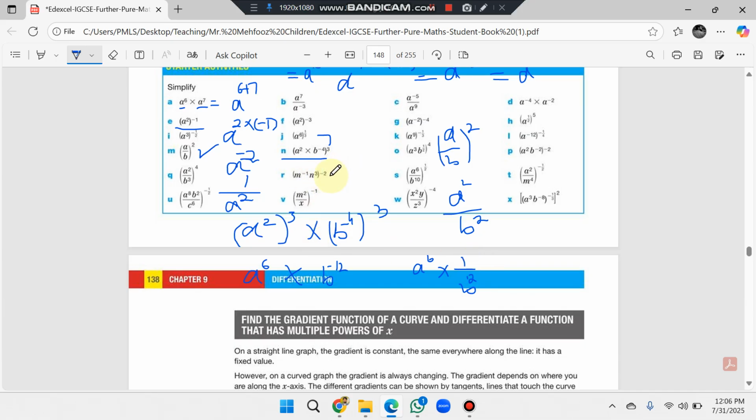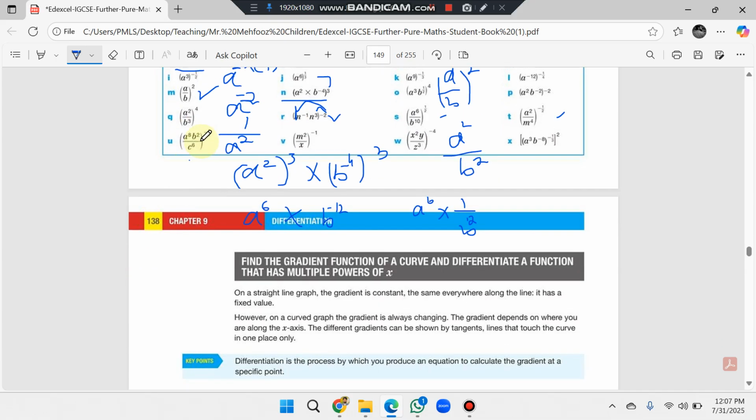Yes. Again, this power will also be of m raised to the power minus 1. This power will also be of n raised to the power 3. Parts S, T all are the same. Now in part U, you can see that the power applies to all these three terms.